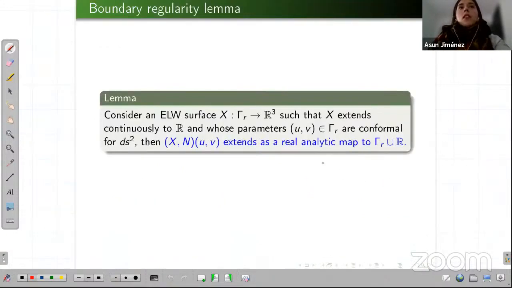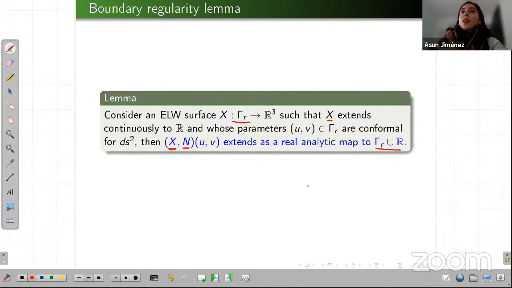So this is our first extension result. It says that if you have an elliptic linear Weingarten surface which has the conformal structure of an annulus, that is, the associated conformal parameters are defined in an annulus, then X itself, the parameterization, and its unit normal extend analytically across the boundary of the annulus.